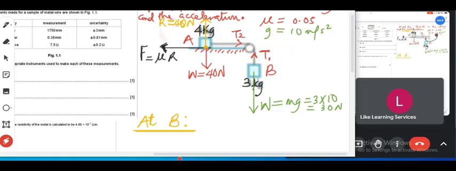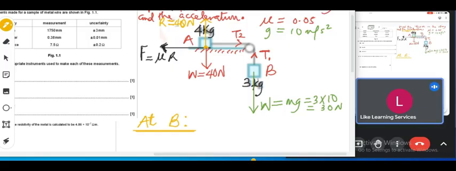Since it is going down, weight is going to be given positive, tension negative. In fact, forces in the direction of motion are given positive. Those in the opposite direction to the motion will be given negative. Did you hear that? So which one will be positive? Weight.